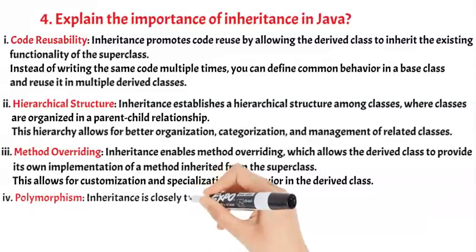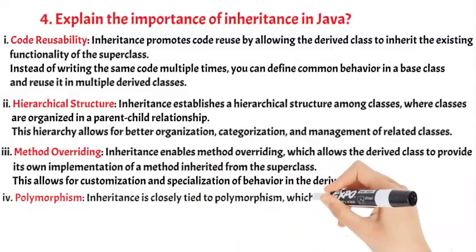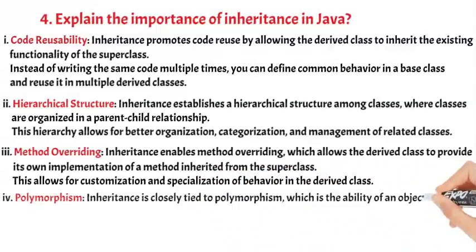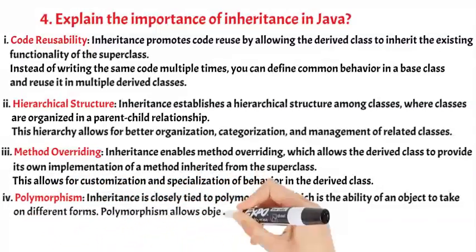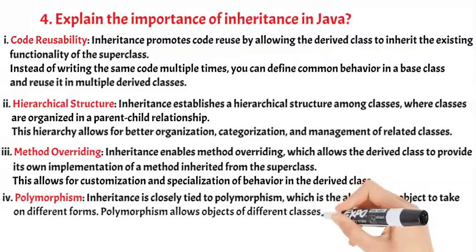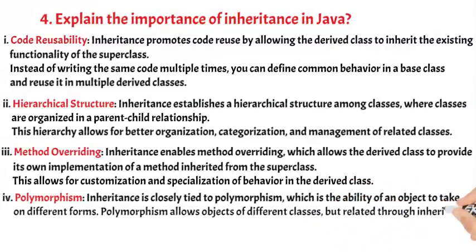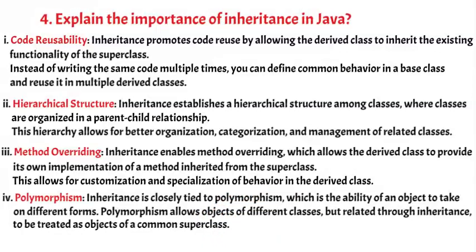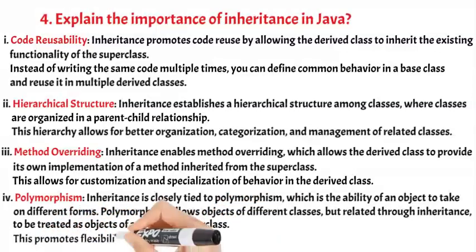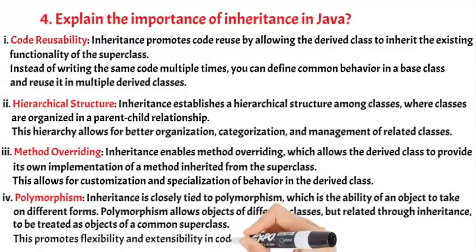Polymorphism. Inheritance is closely tied to polymorphism, which is the ability of an object to take on different forms. Polymorphism allows objects of different classes, but related through inheritance, to be treated as objects of a common superclass. This promotes flexibility and extensibility in code design.